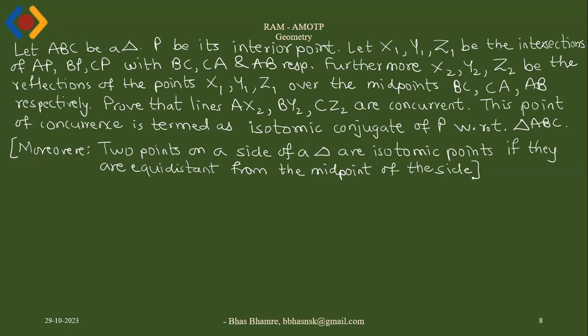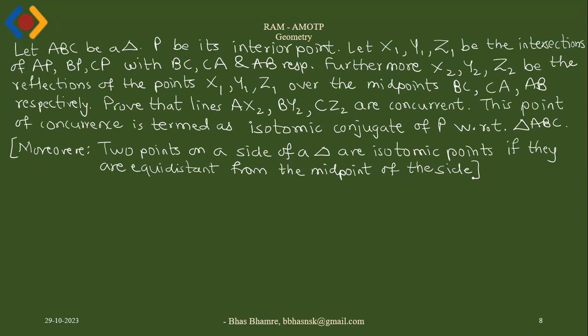So here in our figure, X1 and X2 are isotomic because of side BC. Similarly, Y1, Y2 are isotomic points because of side AC, and Z1, Z2 are isotomic points.